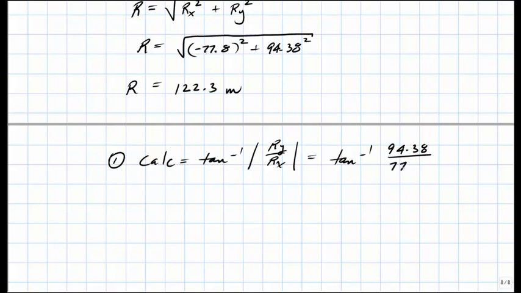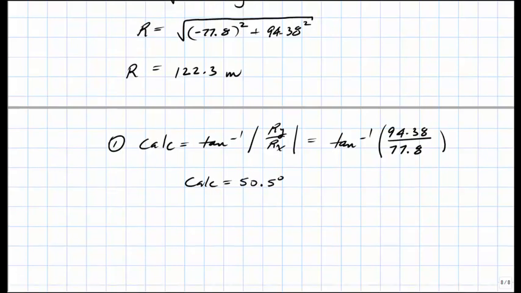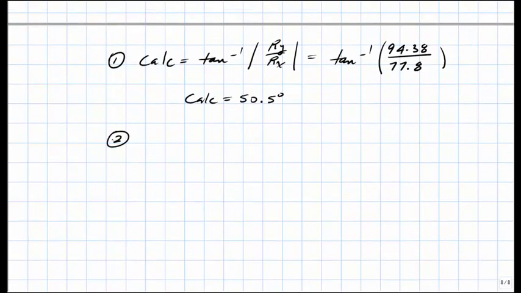So I'll just enter it as a 77.8 and ignore the negative sign. I'll also wrap it in parentheses. Let's enter that calculation into the calculator. That results in an angle of 50.5 degrees, but now we have to adjust that angle through step 2.